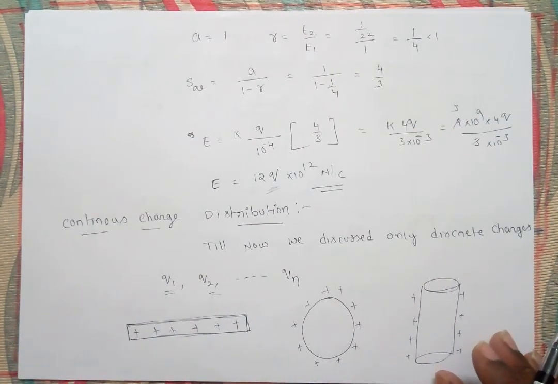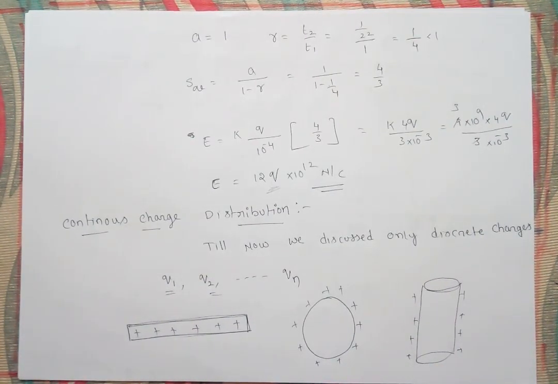Instead of treating these charges as point charges, we will go for a continuous charge distribution. Here you see, this is the first body. Here the charge is linearly distributed lengthwise. And if you observe the surface, along the complete surface the charge is uniformly distributed.